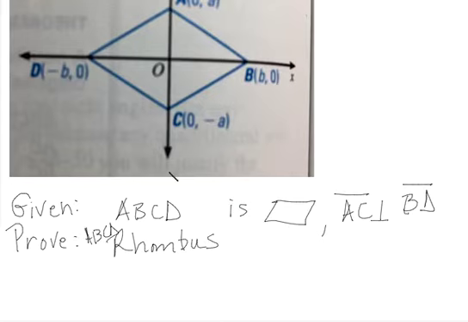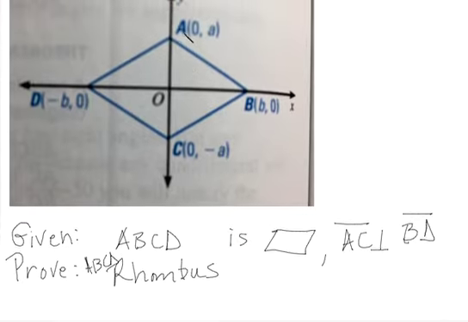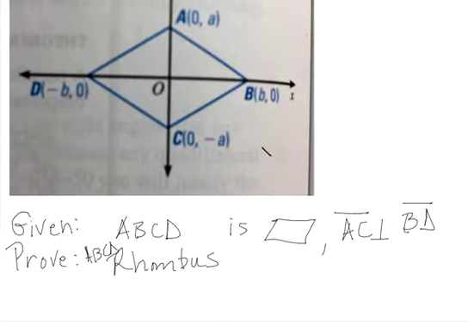All right. Now notice that, and this is a little bit blurry, we have this parallelogram. It has coordinates 0, a; then B at b, 0; then C at 0, negative a; and then D at negative b, 0.